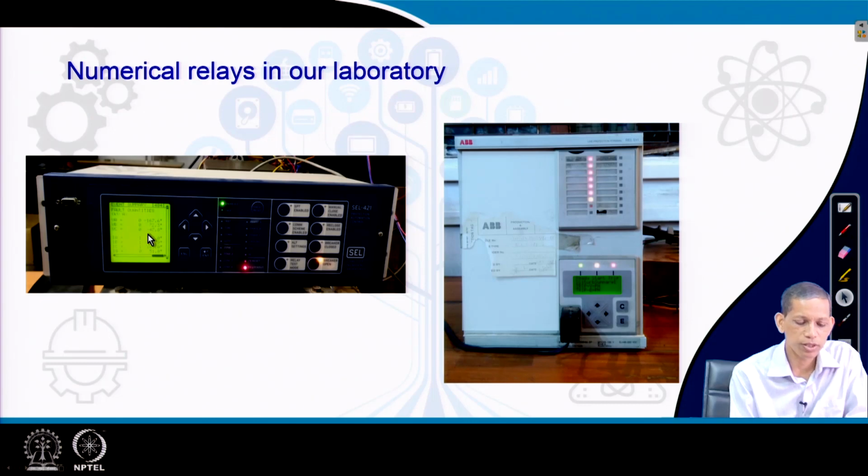In this portion you can see the different values of voltage and current available. The relay provides continuous monitoring of the currents, voltages, and different parameters of the system, in addition to during the fault process also.